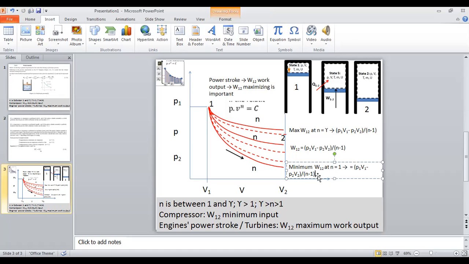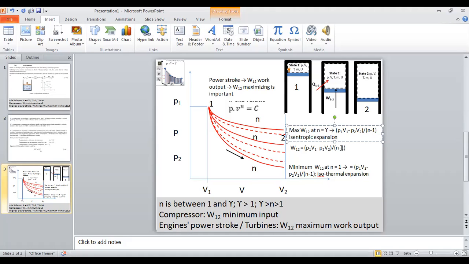Here we call it isothermal expansion. N equals gamma, we call isentropic expansion.